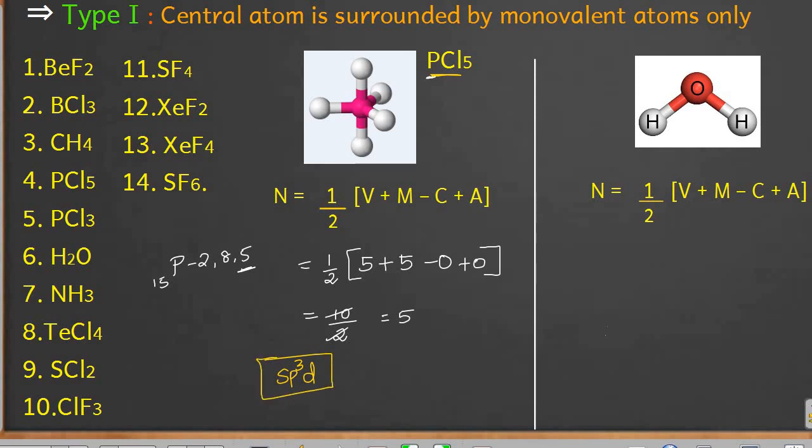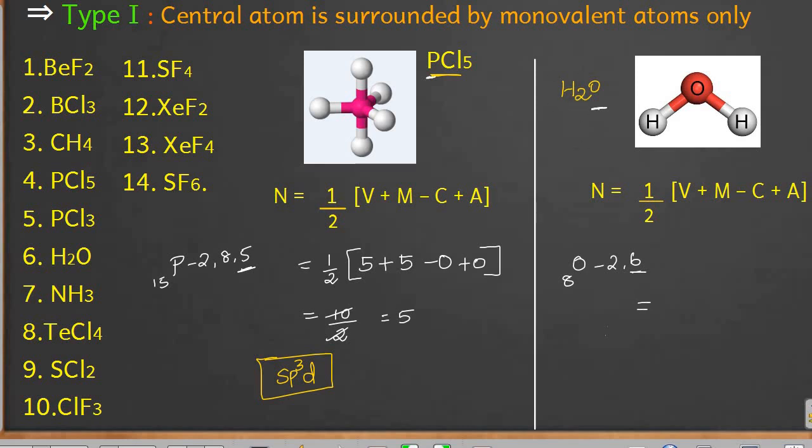By using the same trick, we can go to the next molecule, H2O. Here the central atom is oxygen, with atomic number 8, electronic configuration 2, 6. There are 2 surrounding atoms.